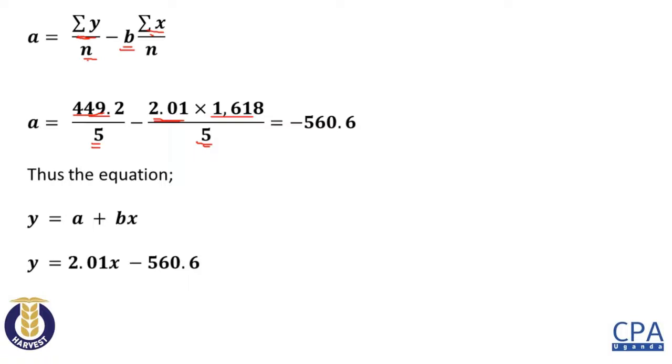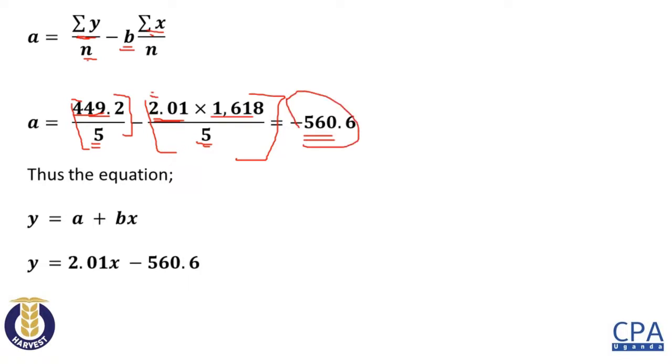There are several ways of doing this, but if you follow this pattern by working out this first and then you subtract this value, then you arrive at negative 560. So that becomes our a.